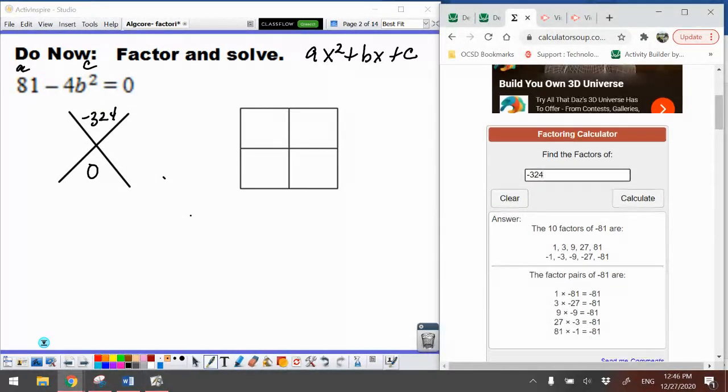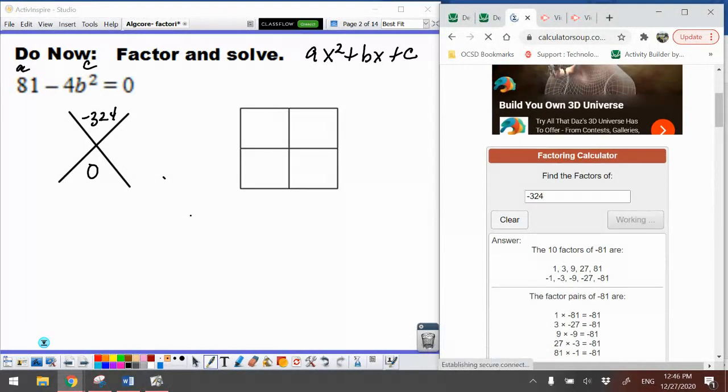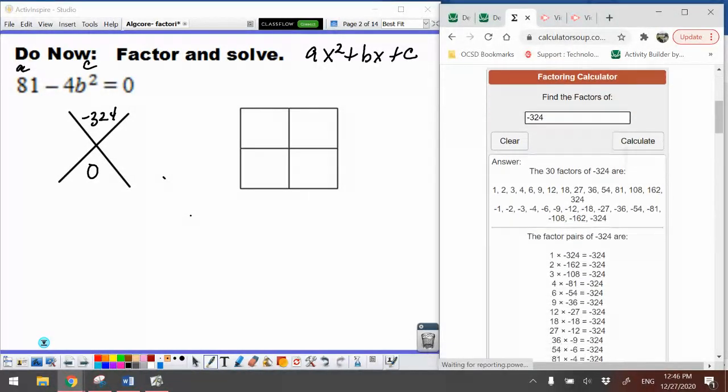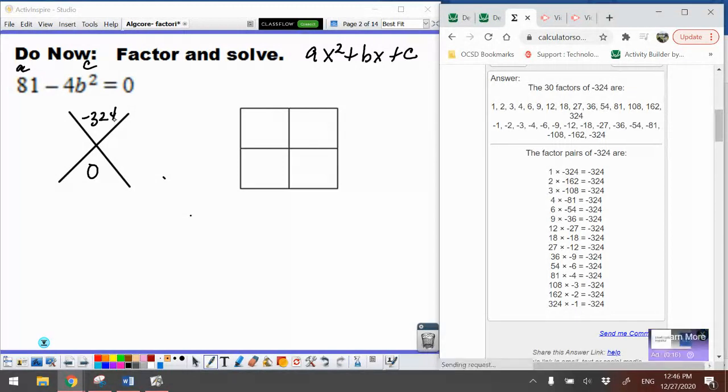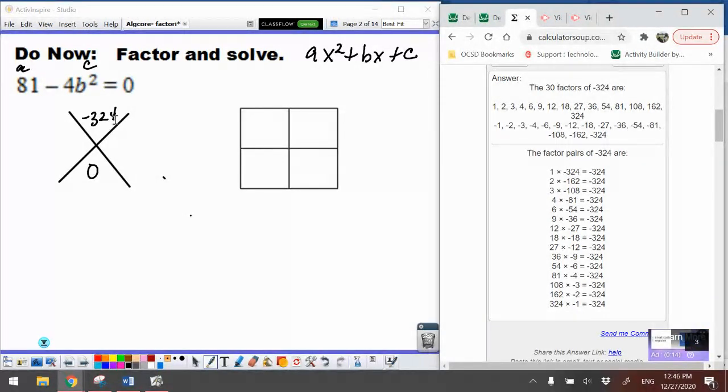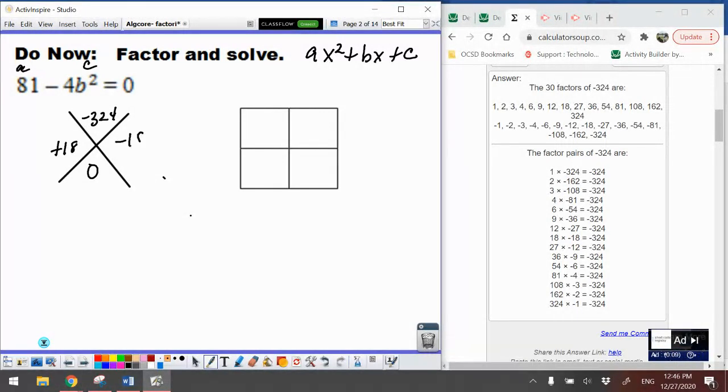So if I take a look at negative 324 and I pull up my factors, the only way that I'm going to get 0, if you remember, are numbers that are the same. And I don't really see that I have anything here other than the 18. So I have 18 and negative 18. So I can see the 18s right here. So I know I'm going to have a positive 18 and a negative 18.